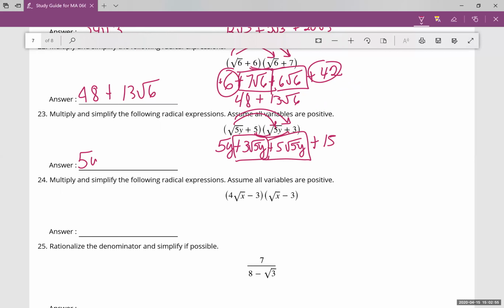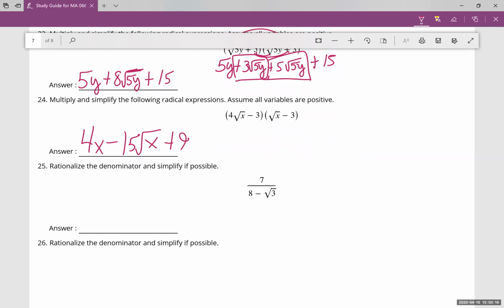So the final answer is 5y plus 3 plus 5 plus 8 plus 15. Okay, next one's on you, but here's the answer. See if you get this. 4x minus 15 square root x plus 9.